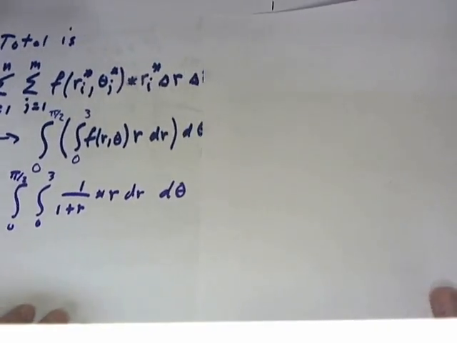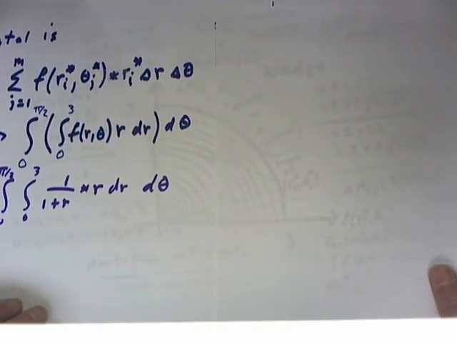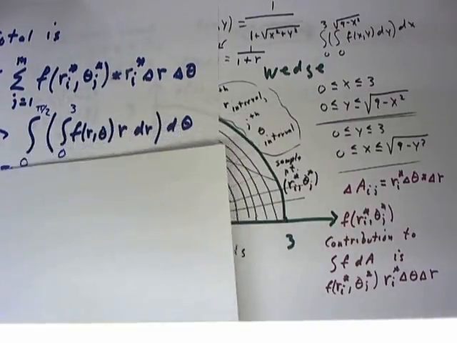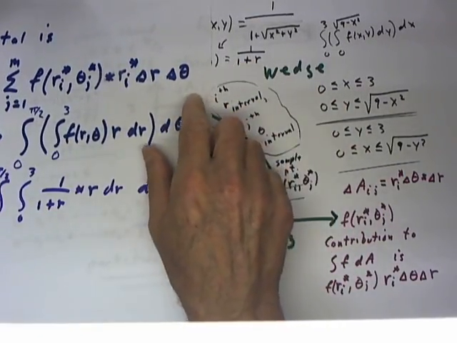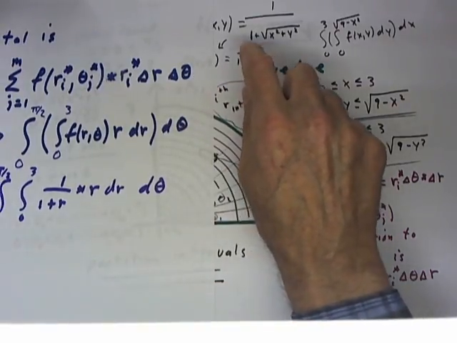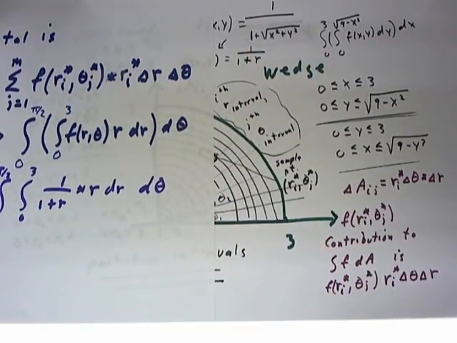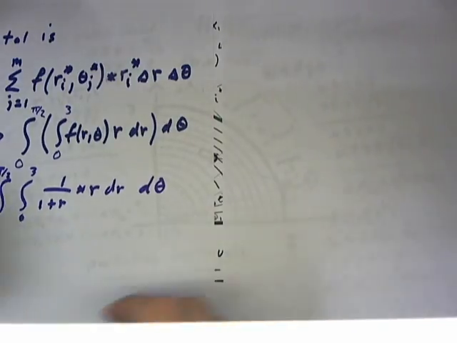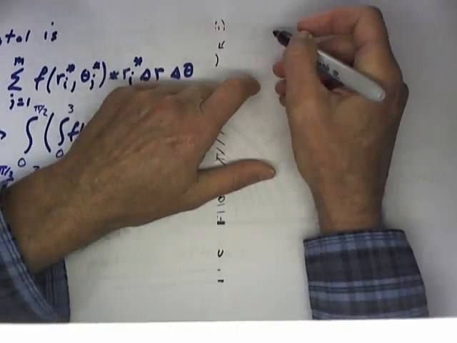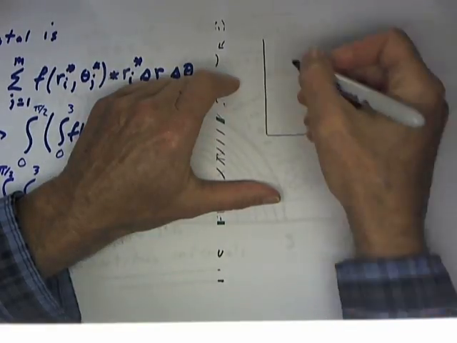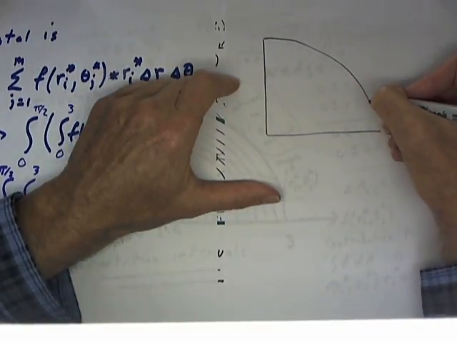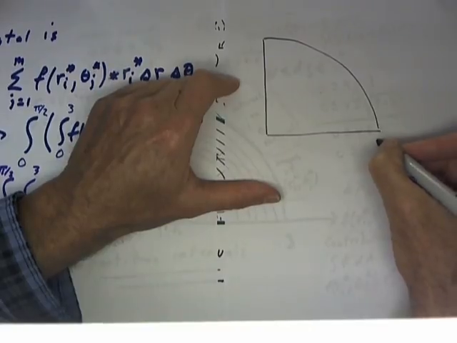Now, before we interpret or calculate this integral, let's estimate it. Remember, we're evaluating the function f of r theta equals 1 over 1 plus r over a region which is a wedge of circle of radius 3.